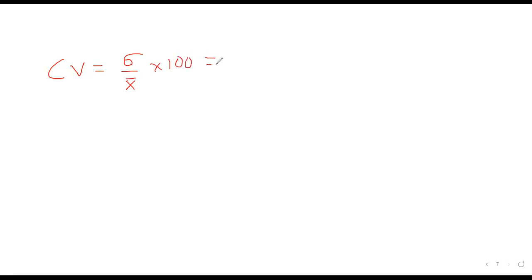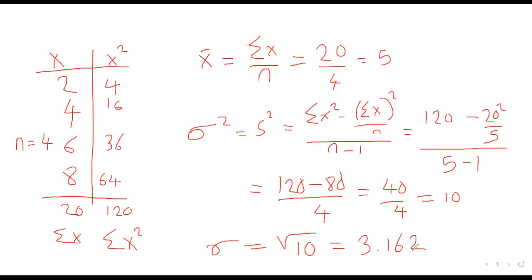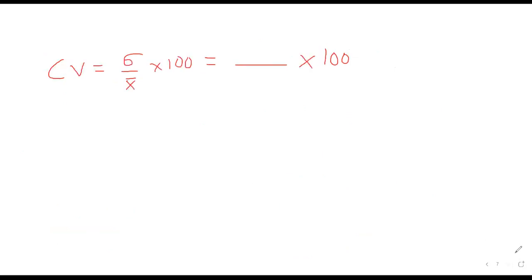Our standard deviation is what we just calculated, and our mean is the first thing we calculated. Standard deviation 3.162, and our mean 5. So 3.162, put it here. Our mean is 5, put it here.